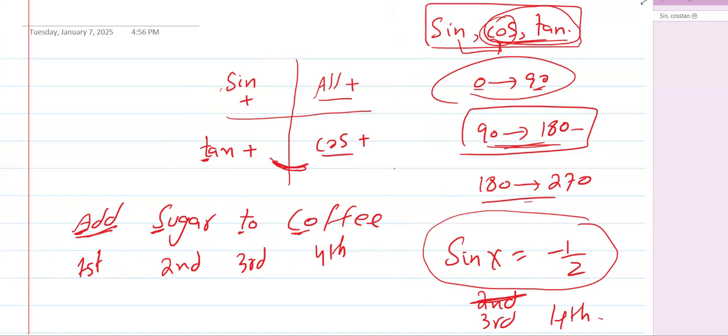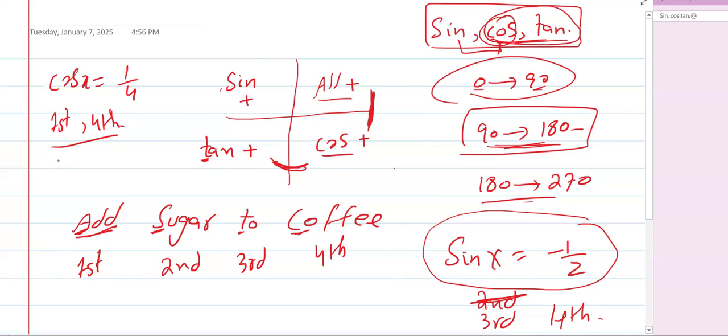Now, for example, if I'm saying cos x is equal to 1 over 4, what are the possible quadrants? As cos is positive, we know cos is positive only in these two. So the possible quadrants are first and fourth.